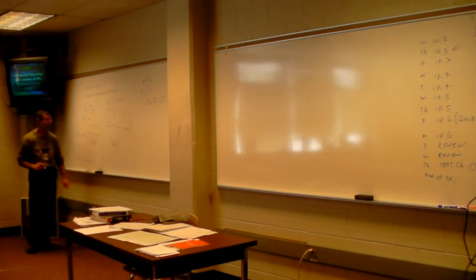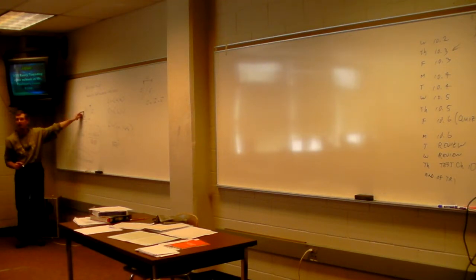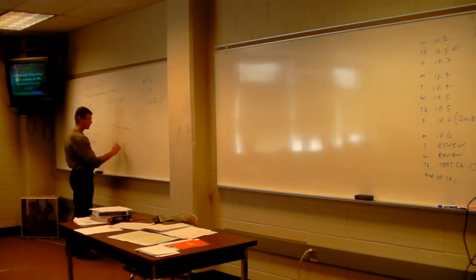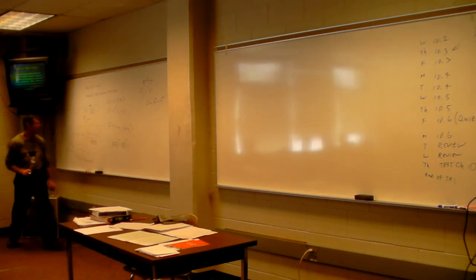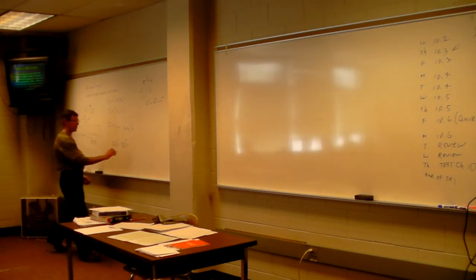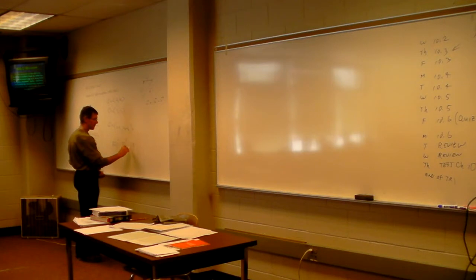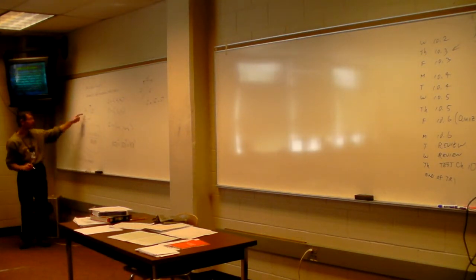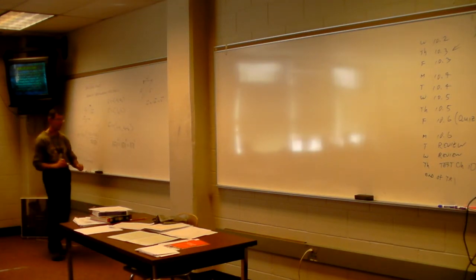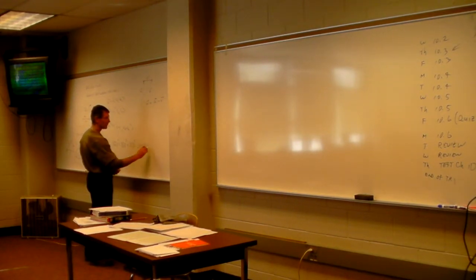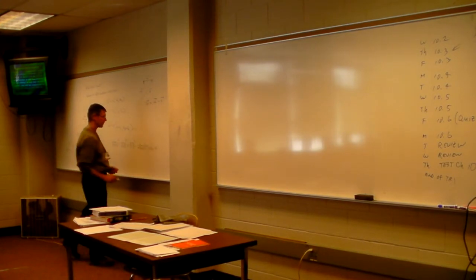It's going to equal this side squared, which is the magnitude of U squared, plus this side squared, which is the magnitude of V squared, minus 2 times the length of each of those sides, so 2 times the magnitude of U times the magnitude of V times the cosine of the angle.